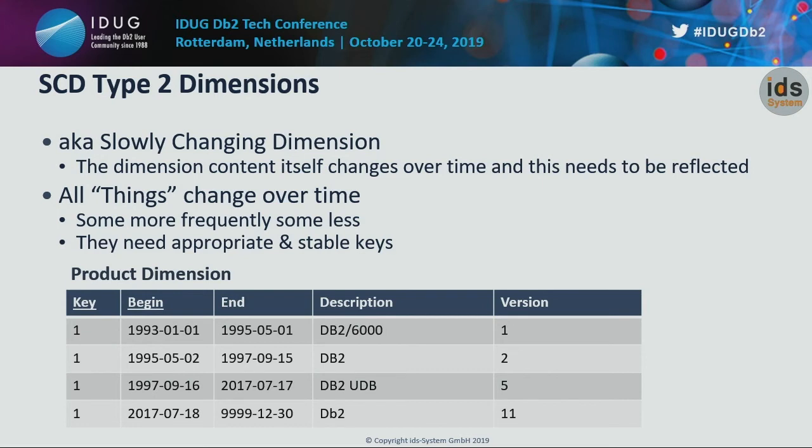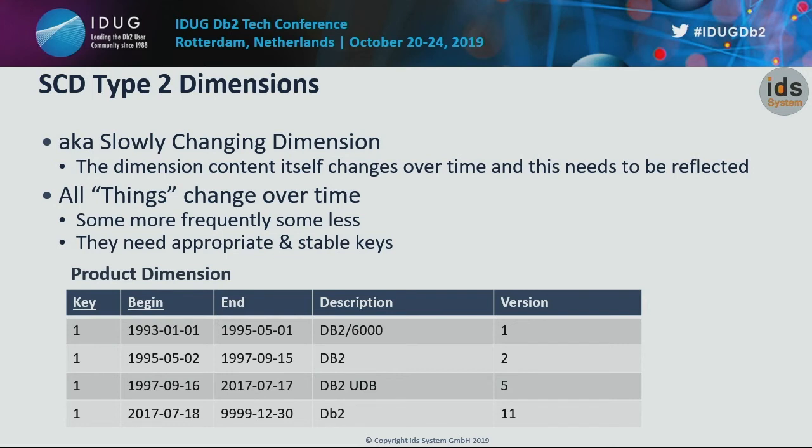This is slowly changing dimensions, SCD Type 2. Even dimensions can change. Names can change. Locations of shops can change and things like that. And if you want to reflect that, you have to historize your dimensions as well. Okay? So that's basically the story.